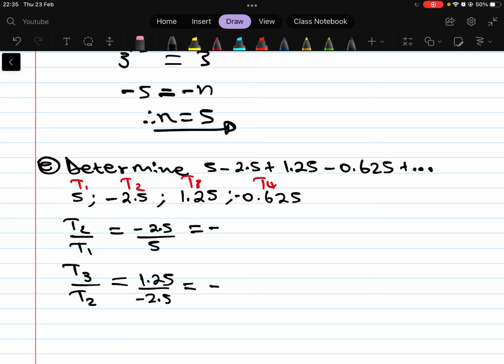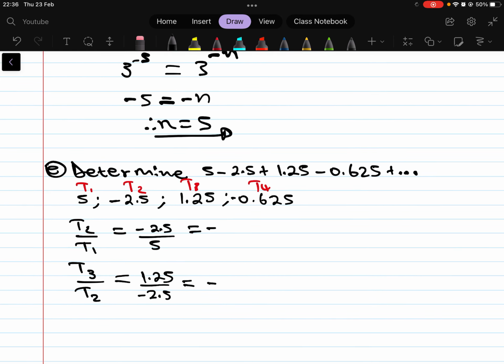What is the value of that? Negative 2.5 divided by 5 gives you negative 1 over 2. And then 1.25 divided by negative 2.5, what do you get? You get negative 1 over 2 again. This proves that you actually have a geometric series.